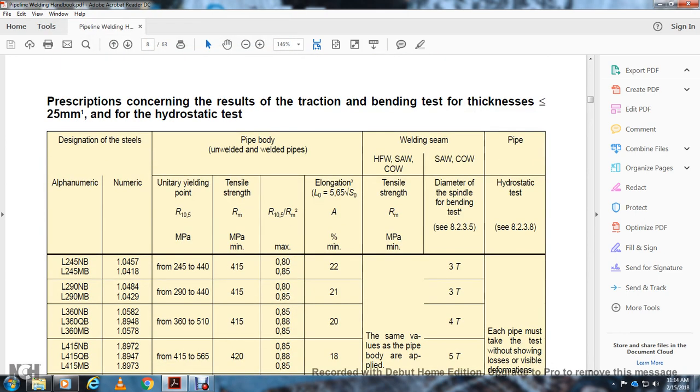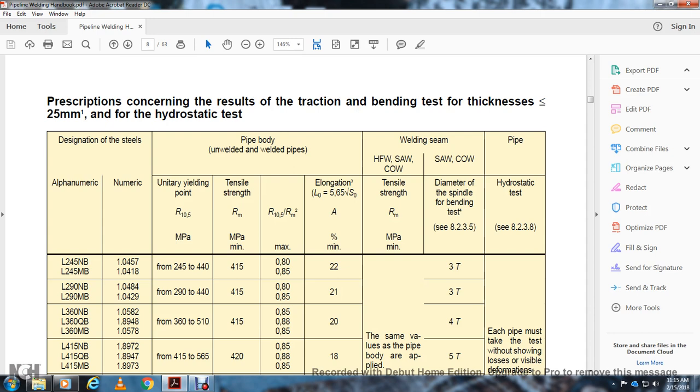Alright, prescription concerning the result of the traction bending test with thickness less than or equal to 25 millimeters for hydrostatic test designation with steel, alphanumeric, pipe body, unwelded, welded position, unitary yielding point, tensile strength Rm, the Rm index in megapascals minimum, R 10.5 divided by Rm squared.